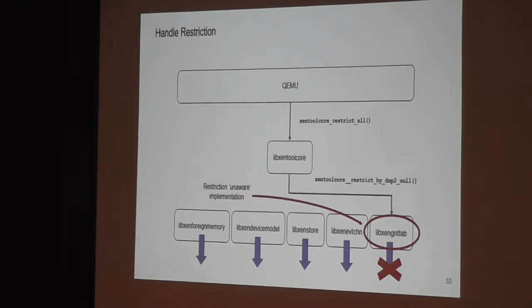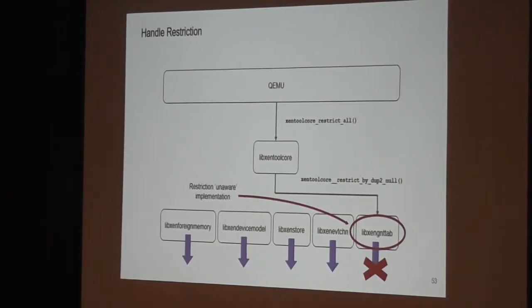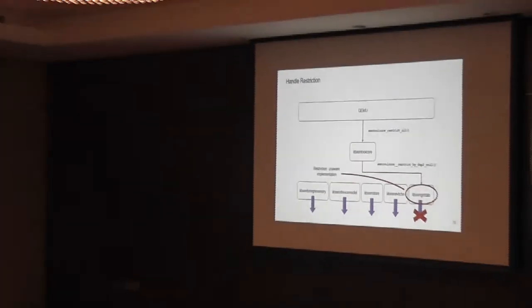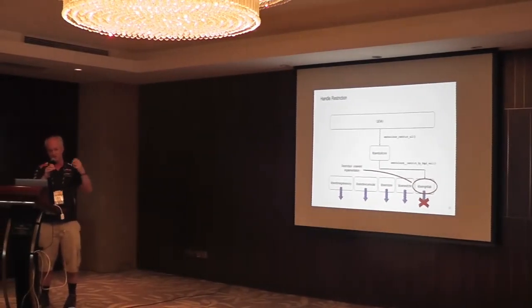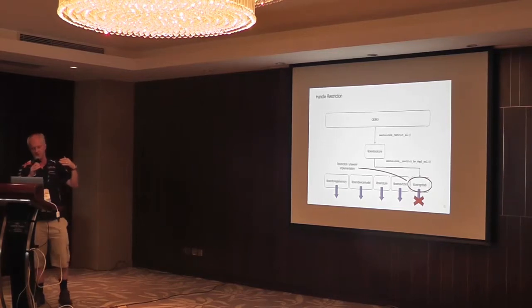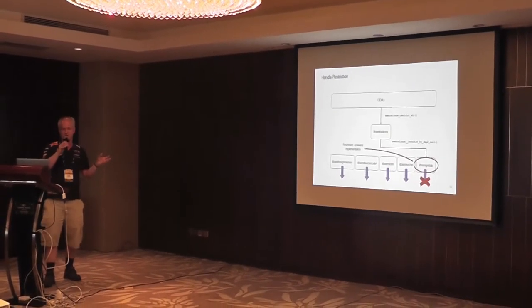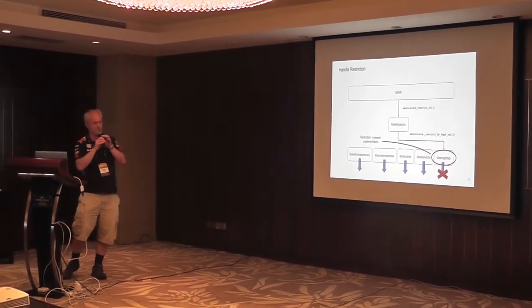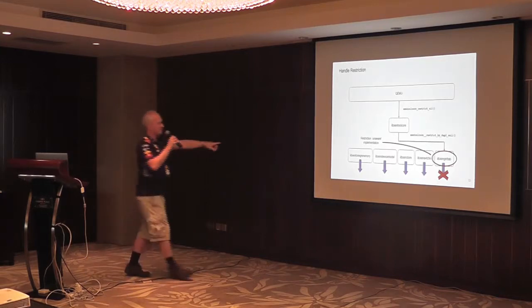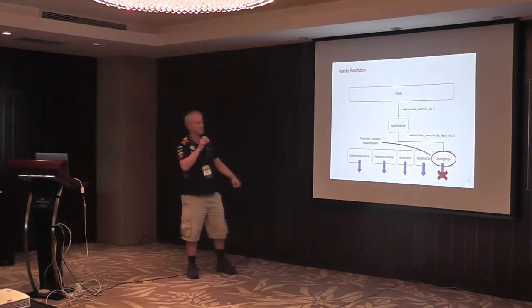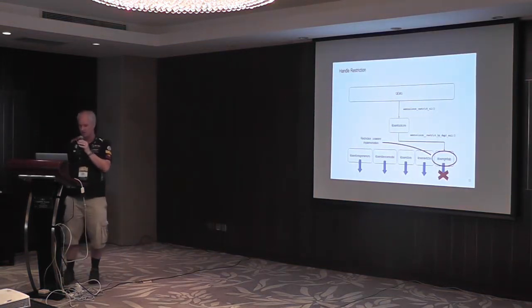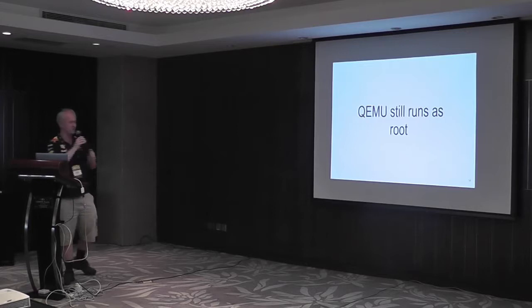When the restrict operation is issued, it means that no open file handle can be used by the compromised QEMU to then attack Xen using the arbitrary hypercall interface, because we closed that operation off in privcmd at the point where we restrict it. Any restrict operation issued down a file handle to privcmd will cause privcmd to refuse any arbitrary hypercalls from that point onwards. But there is a problem, which is that QEMU still runs as root.